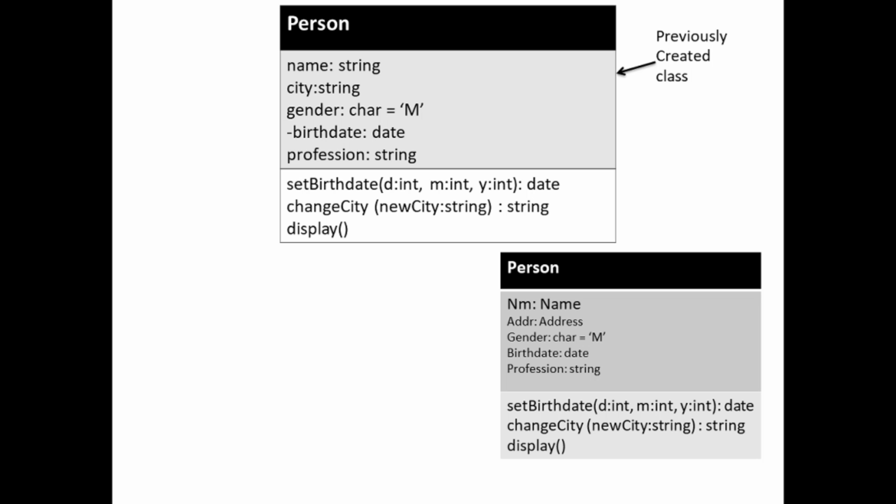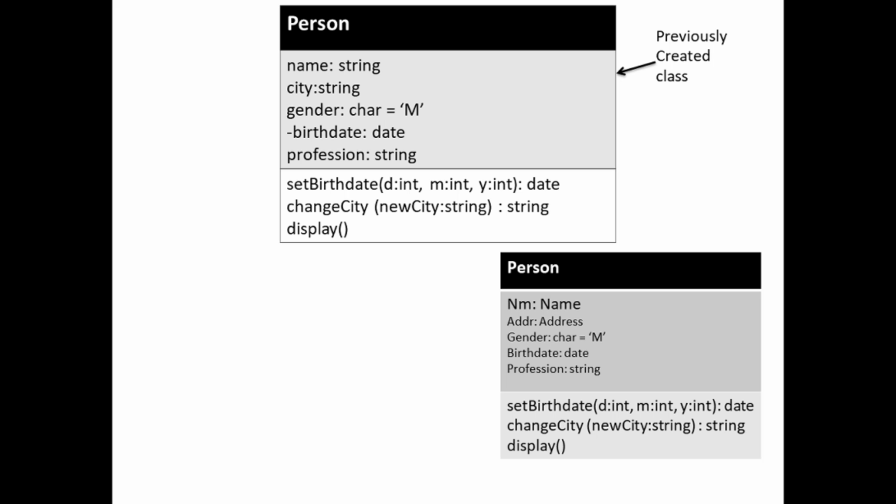Previously we created one class known as person with name: string, city: string, gender: char, birth date, profession: string, and a few functions. Now we can make some modifications.